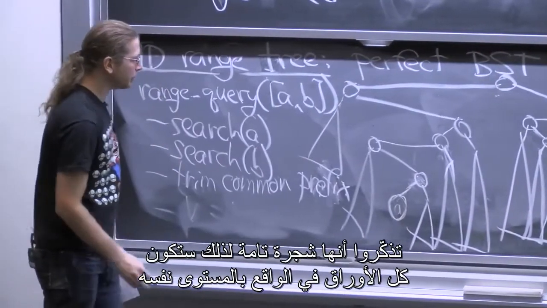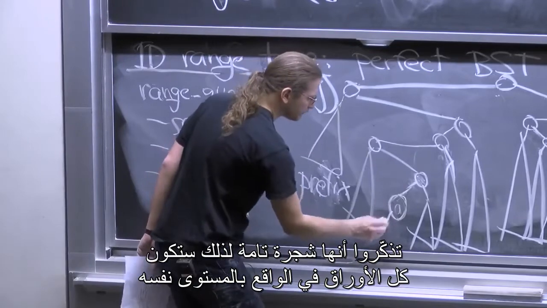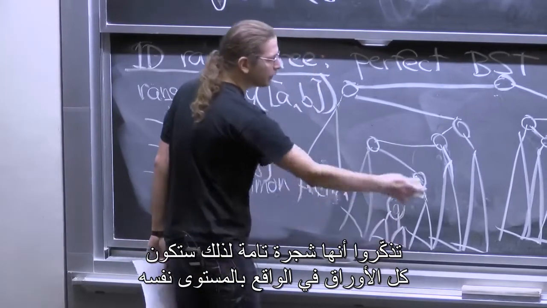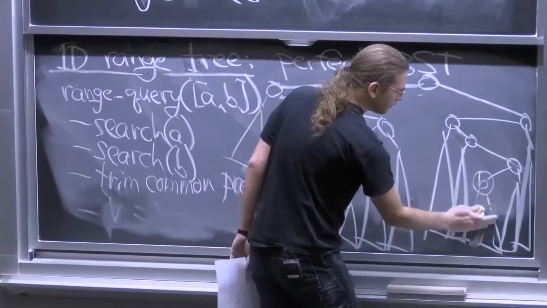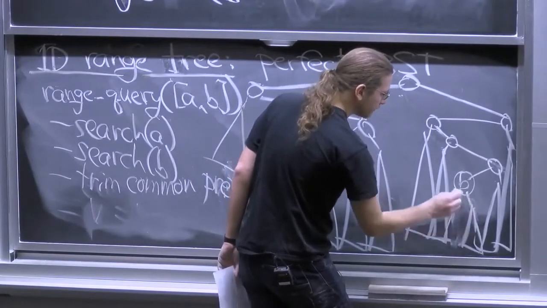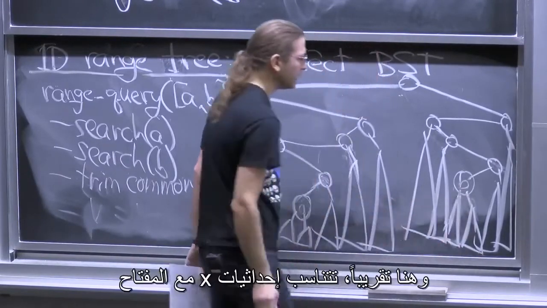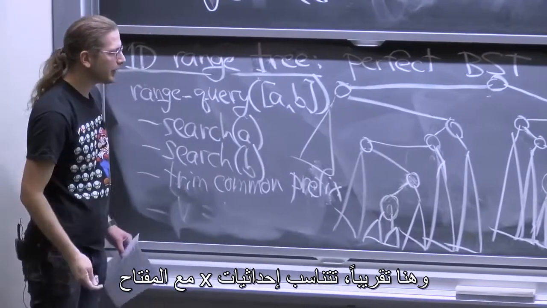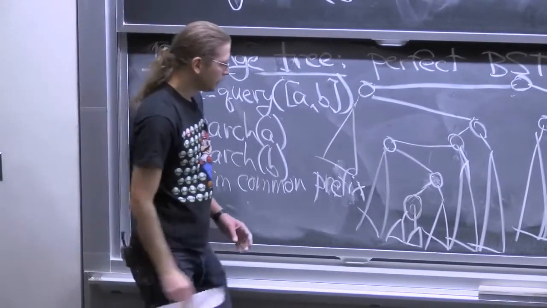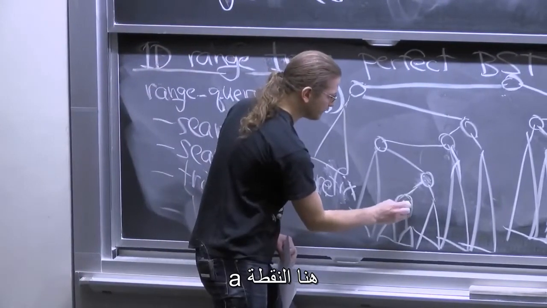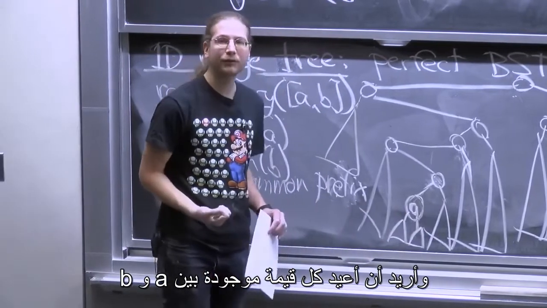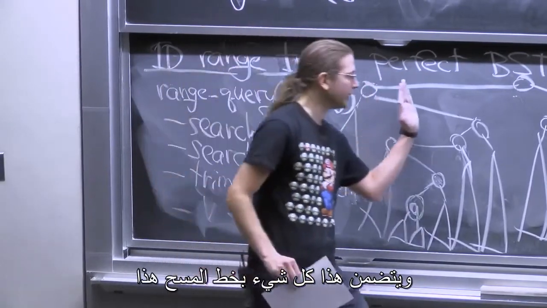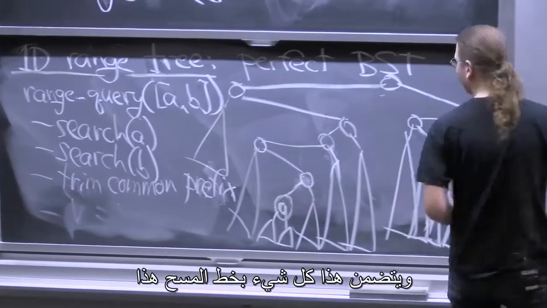Remember, it's a perfect tree, so actually all the leaves will be at the same level. And roughly here, x coordinate corresponds to key. So here was A. And I want to return all the keys that are between A and B. So that's everything in this sweep line.